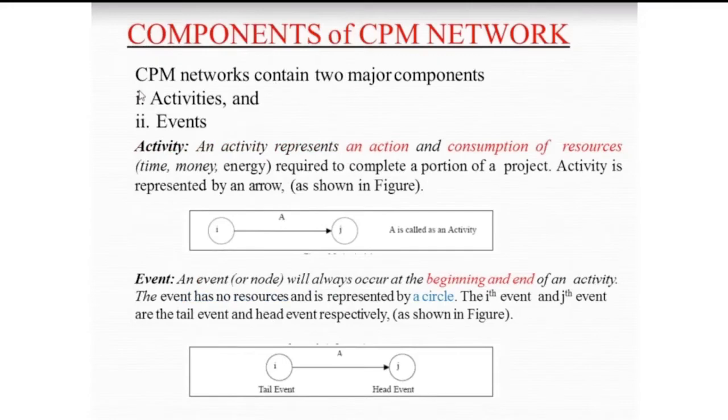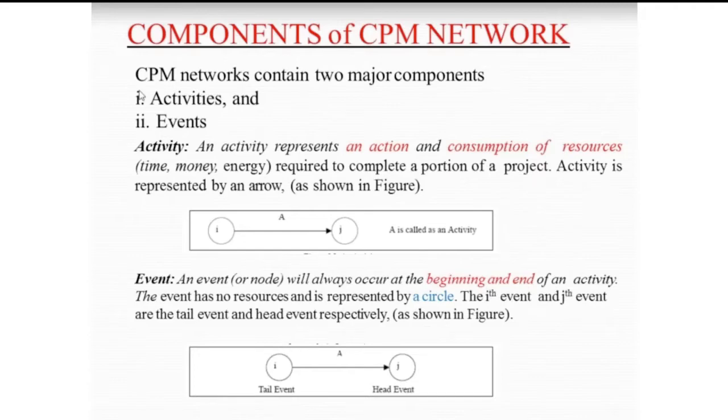the first thing that we should know are the components of the network. To represent it in a graphical view, we have these two components, the activity and the events. The activity represents an action and consumption of time, money, and energy, or the resources.